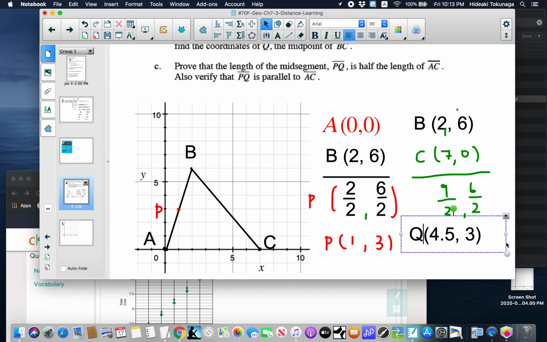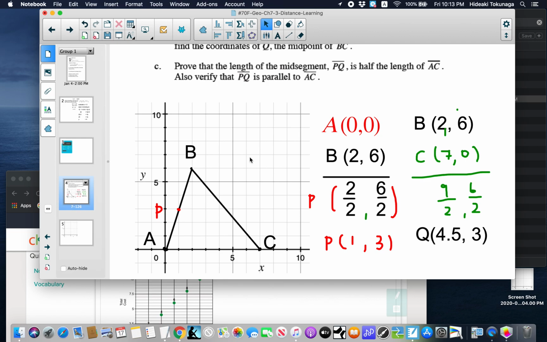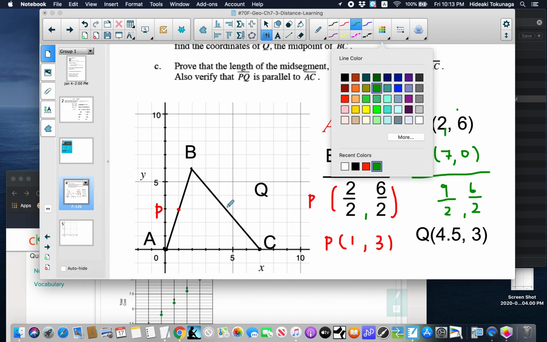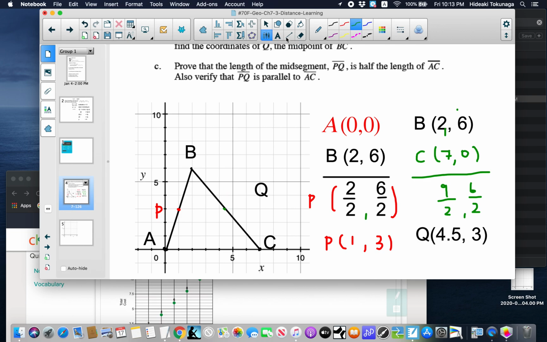Q is here, 4.5 over and 3. So I use a green dot at 4.5 and here. I use the dotted line segment, which is a green one. So I created PQ.